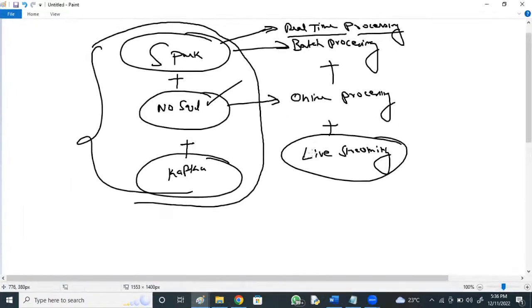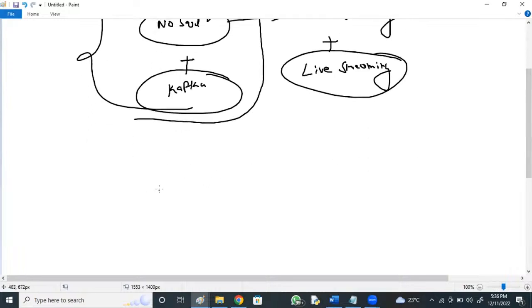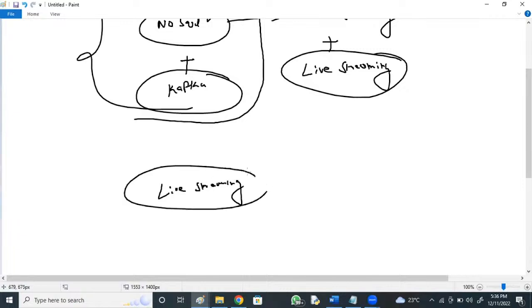If you take Spark and live streaming, I was saying yesterday that even Netflix is using Spark today. Live streaming means events keep being generated, and the data needs to be processed at the same rate of speed.